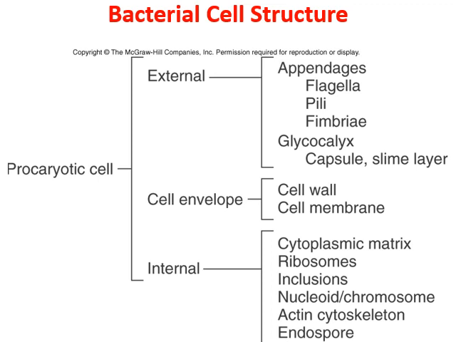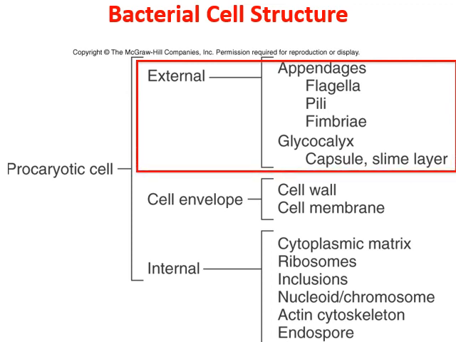Back again to the bacterial cell structure, we talked about the external part, the cell envelope. We talked about the appendages. We talked just about the glycocalyx, and we are now going to start to talk about the flagella.